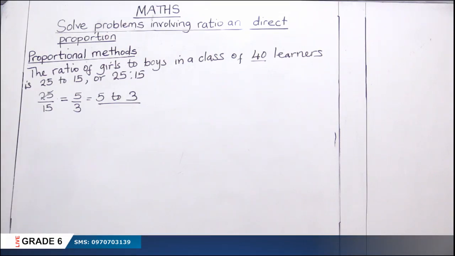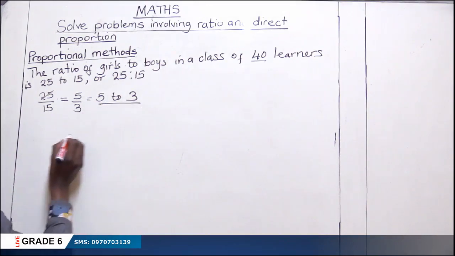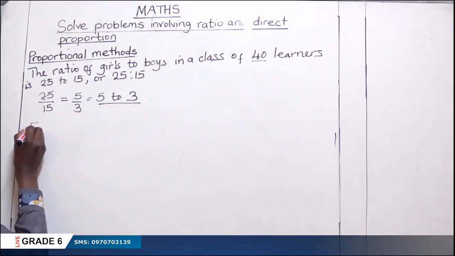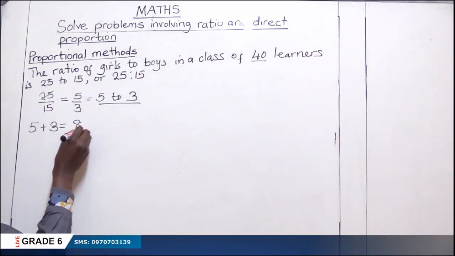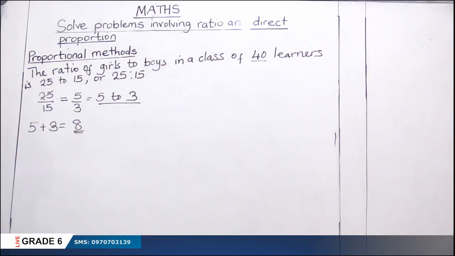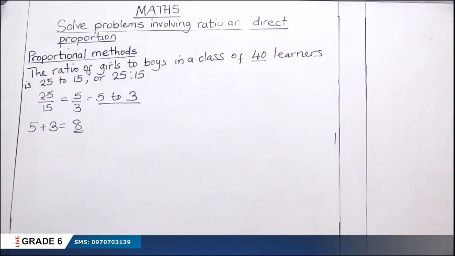in that class. If we add these numbers, 5 plus 3 gives us 8. So we have a total of 8 learners in that class. We can write this as a fraction.